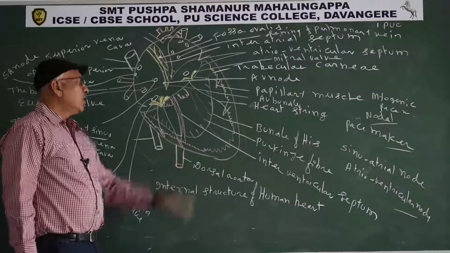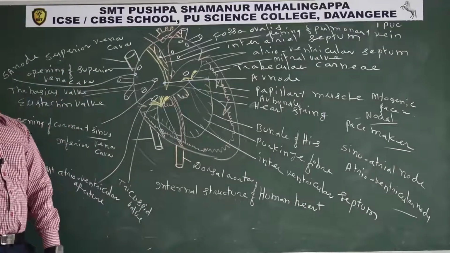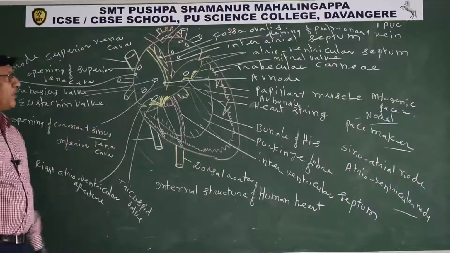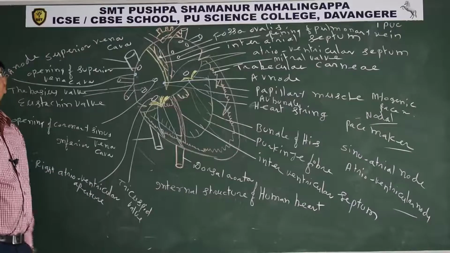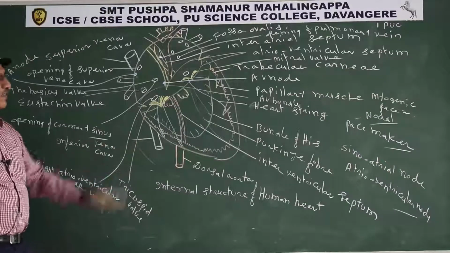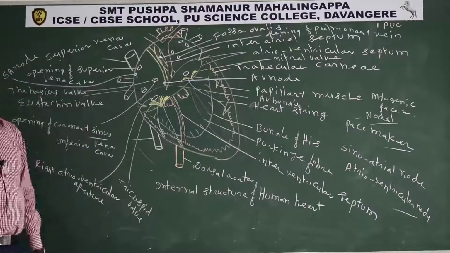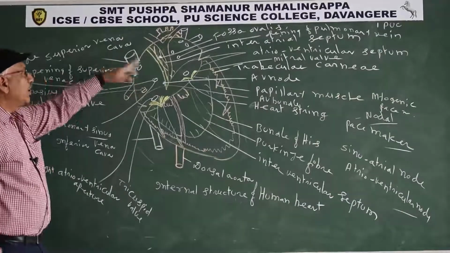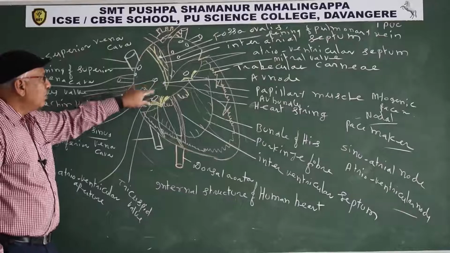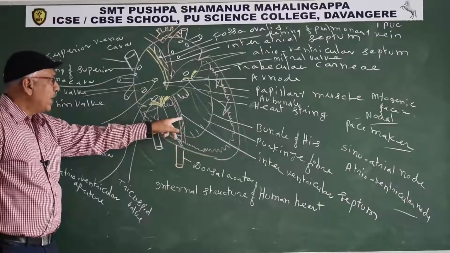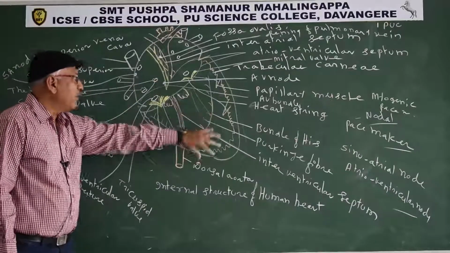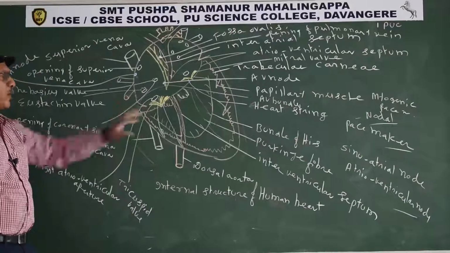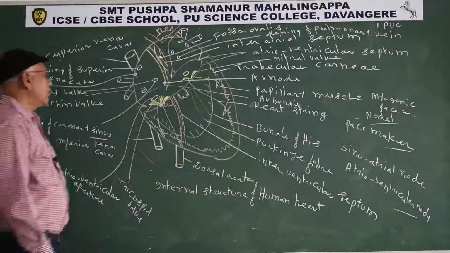Sometimes they may ask you to arrange the following structures in sequence regarding conduction of contraction: SA node, all over the atria, AV node, AV bundle, bundle of His, Purkinje fibers. From the Purkinje fibers, the wave of contraction spreads all over the ventricles.